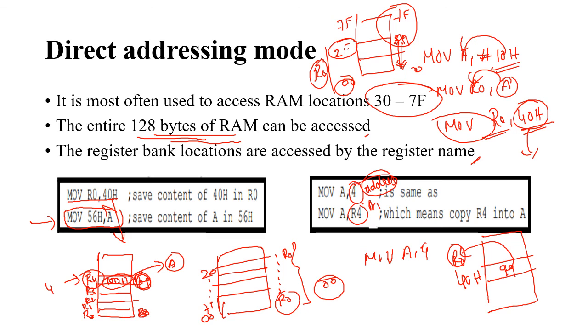This is the beauty of the direct addressing mode. By this we will complete lecture 1, in which we have discussed three different addressing modes. The rest of the addressing modes will be discussed in lecture 2 of module 2. Thank you.